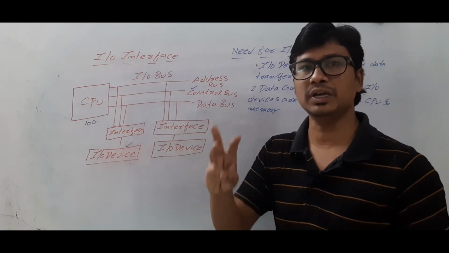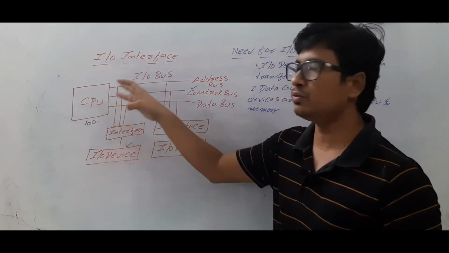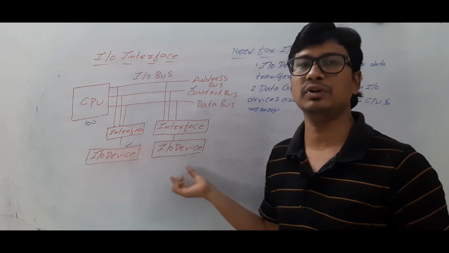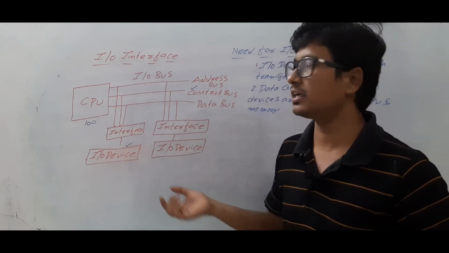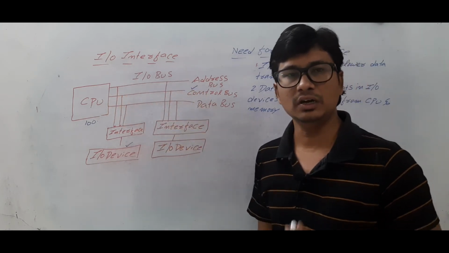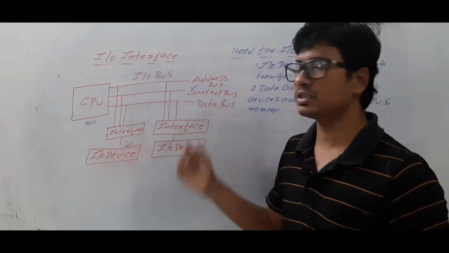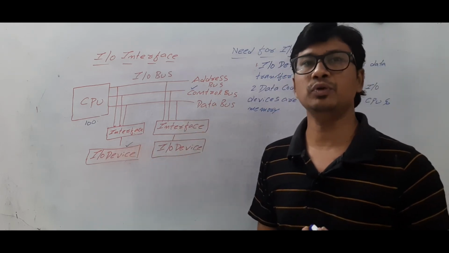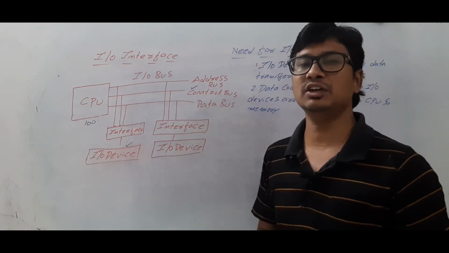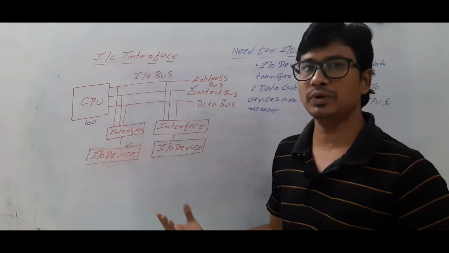Are you able to understand? We have three steps. One, the CPU keeps the address on the address bus. Two, the corresponding I/O device is activated and all others are deactivated. And if it wants to read or write, that information is carried through the control bus. Then the actual data is transferred using the data bus. So I hope you have understood what an I/O interface is, the need for it, and how the communication happens between a CPU and an I/O device.